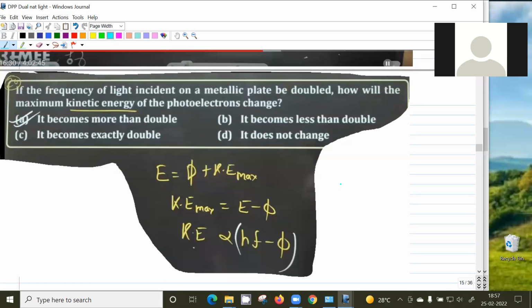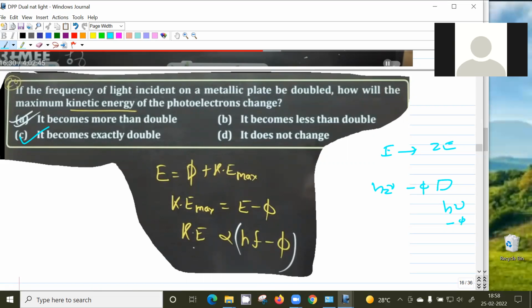Yeah, so let's just take an example of E becoming 2E. Okay, frequency is doubling means this is becoming h 2 nu minus phi. You have to compare it with h nu minus phi, right? So it is exactly double.